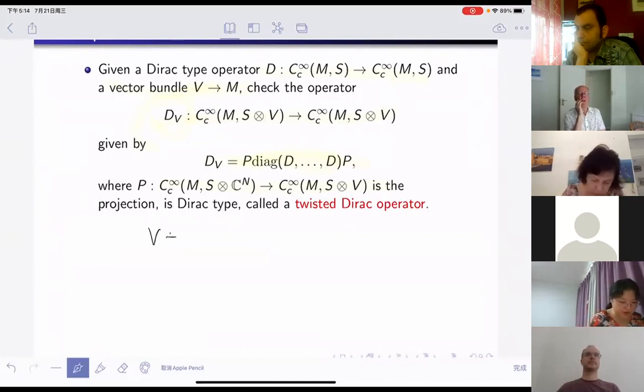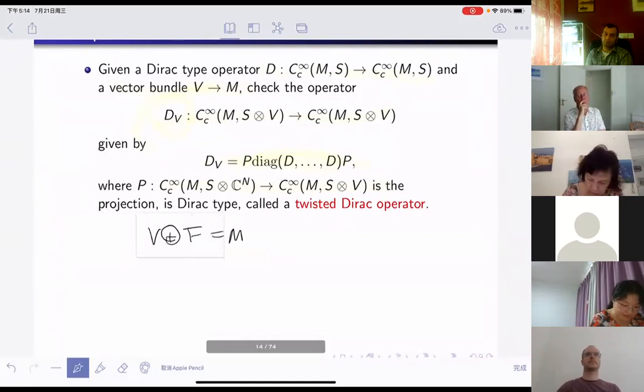So for this vector bundle V, we can find a complement vector bundle to make it a trivial vector bundle.